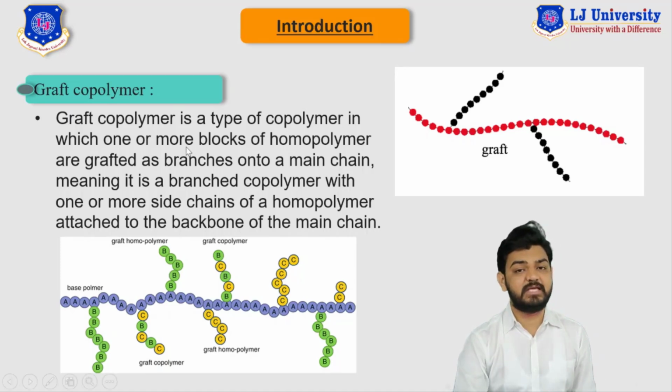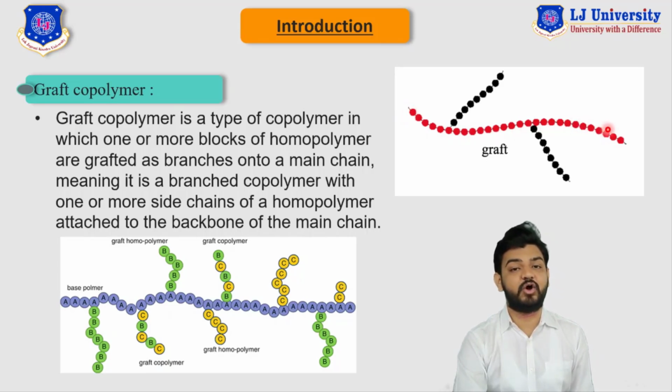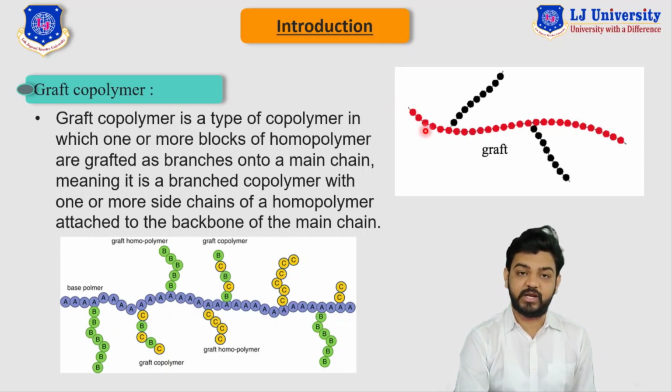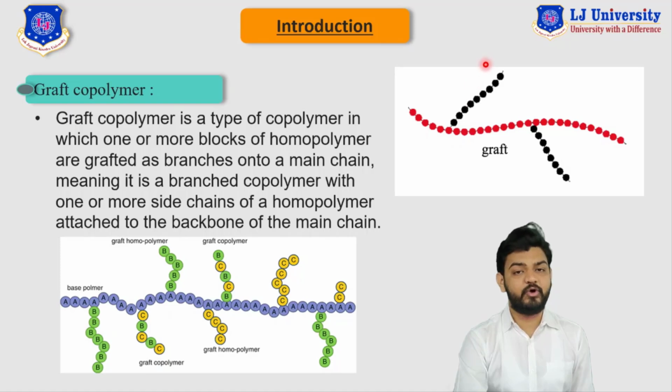Let me again take a pointer. Here you can see that this is the straight line of the single monomeric unit, on which different branches of the same or different homopolymer are grafted. So we can refer to it as the graft polymer.